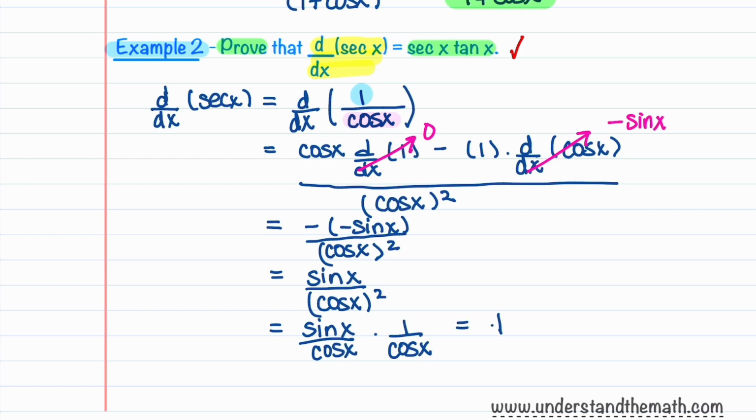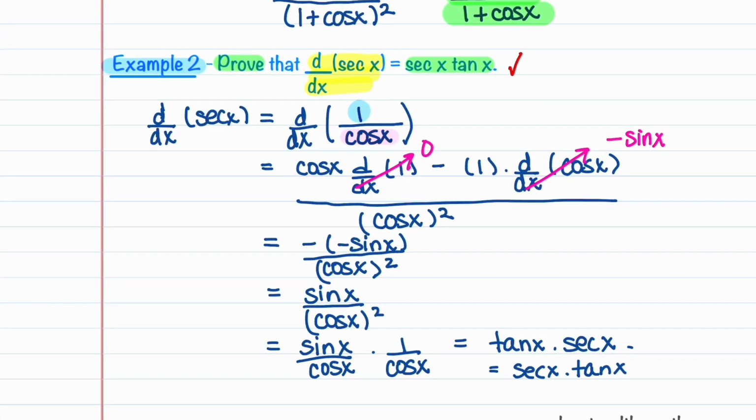And that gives us tangent x times secant x. Let's then rewrite this as secant x tangent x. And we have proved that the derivative of secant x is secant x tangent x.